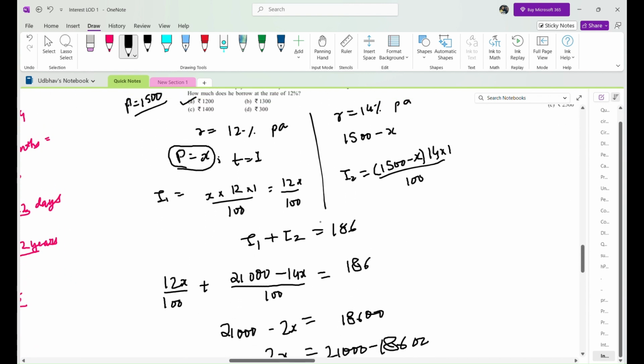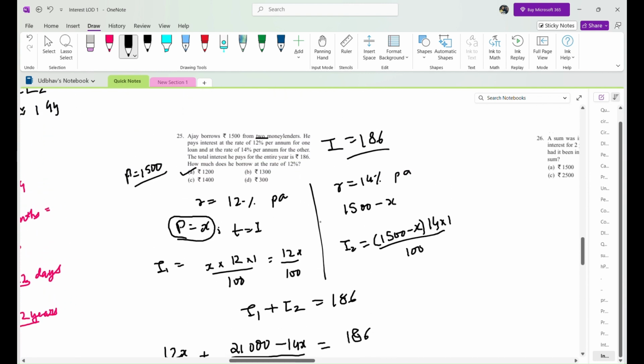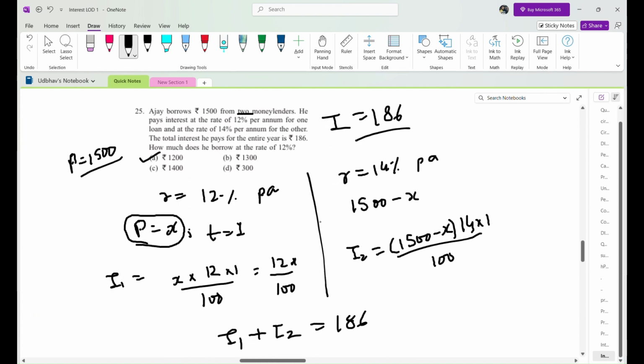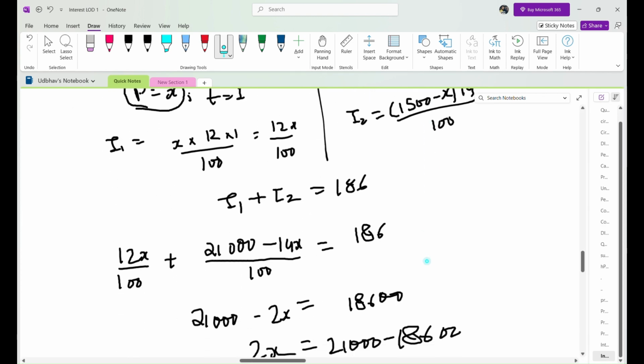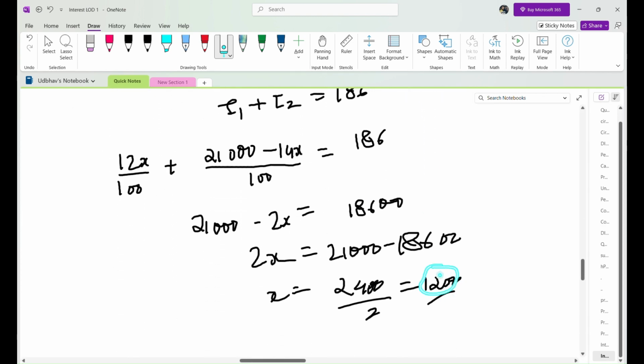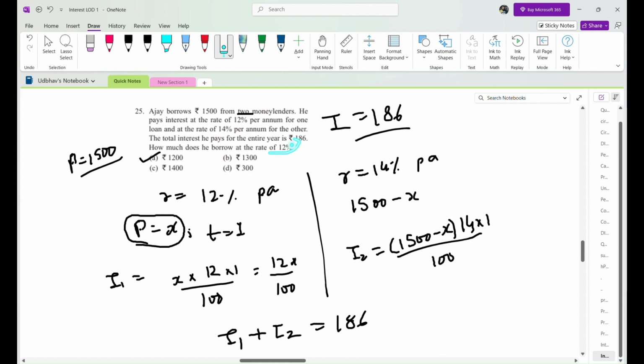One silly mistake some people can make while solving this question: they will assume x to be the other amount and find its value, and they will get the correct value of x, but the question asks for the 12% loan.